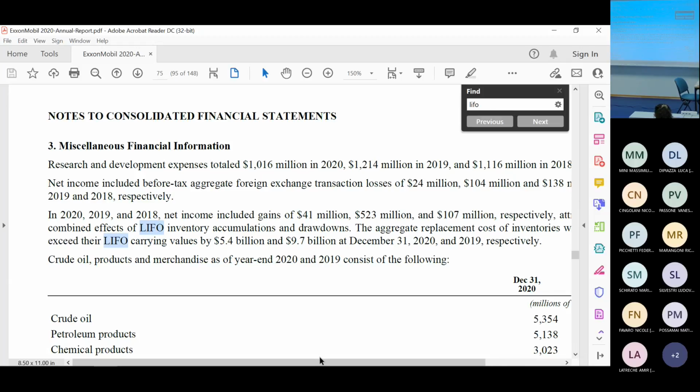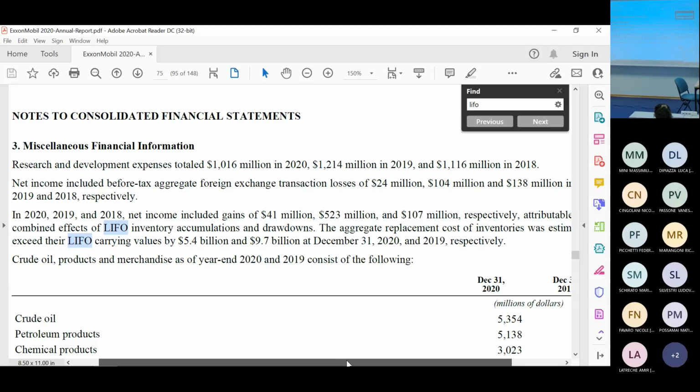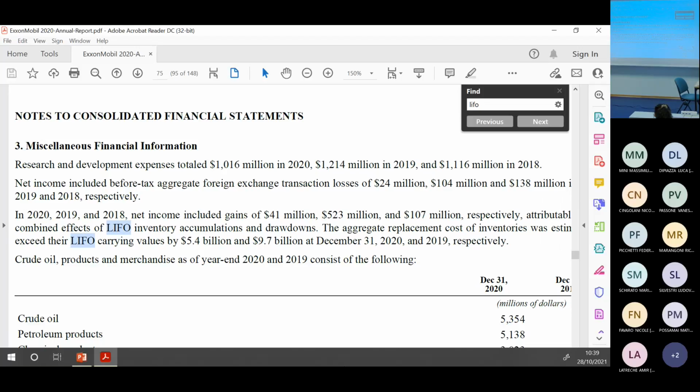Yes, there is this note here that says the aggregate replacement cost of inventories was estimated to exceed the LIFO carrying values by $5.4 billion in 2019 and 9.7 in 2020.